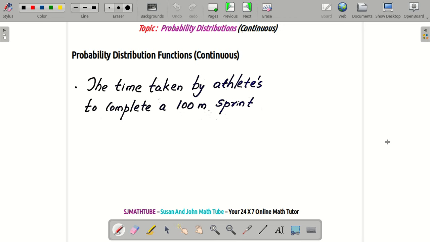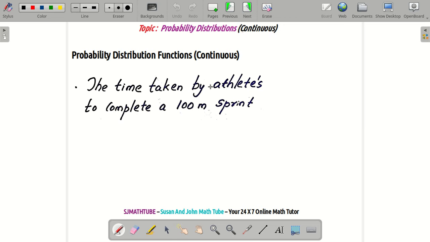So now I want you to focus on this example. The time taken by athletes to complete a 100-meter sprint. Think about it. Okay, so what's the answer? Will you get the same answer or will you get different answers? I'm sure we'll get different answers. But all the answers will be between two numbers.